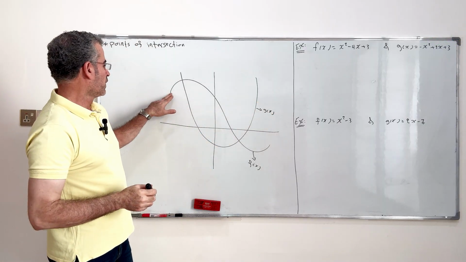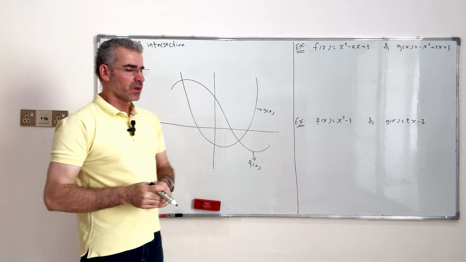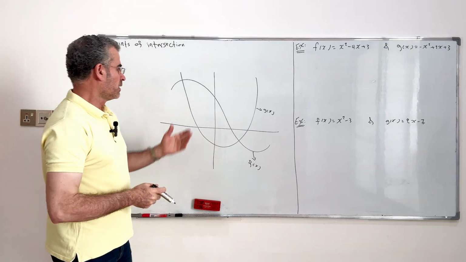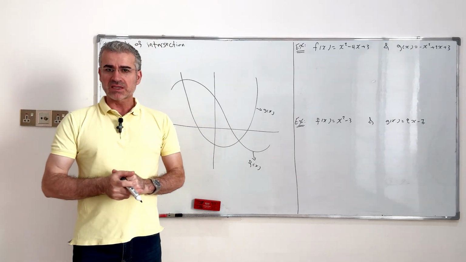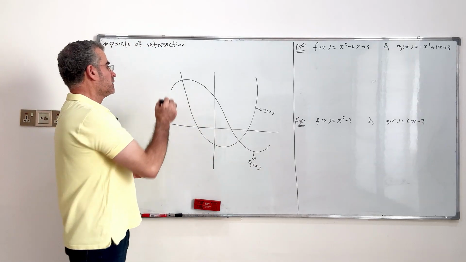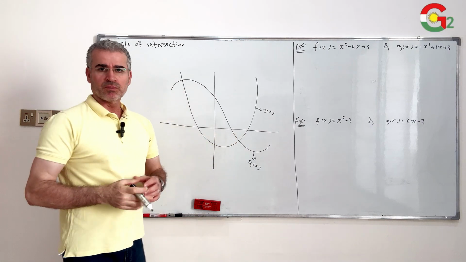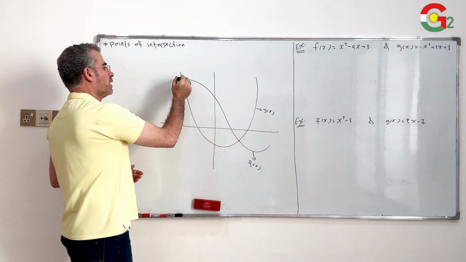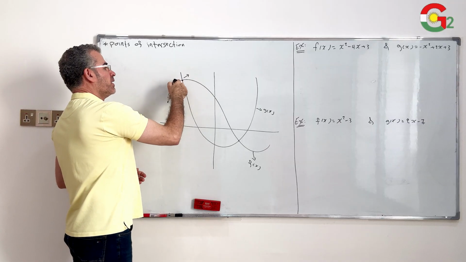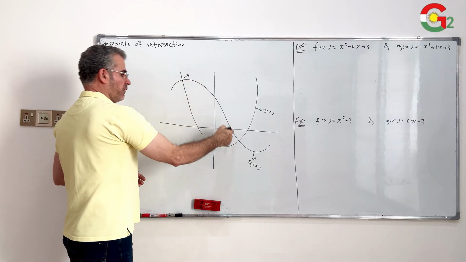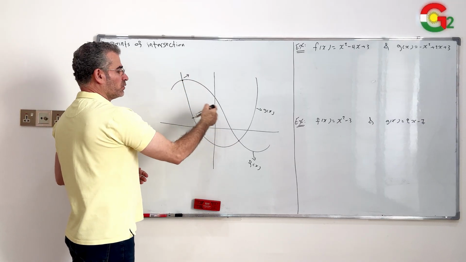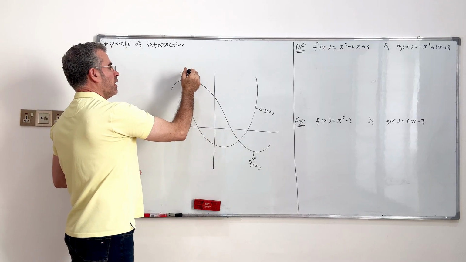If we draw two graphs in the same xy plane, then these two graphs may intersect, may not. If they intersect in one or more points, and we want to find the coordinates of the points of the intersection of the two graphs, then how can we do that?